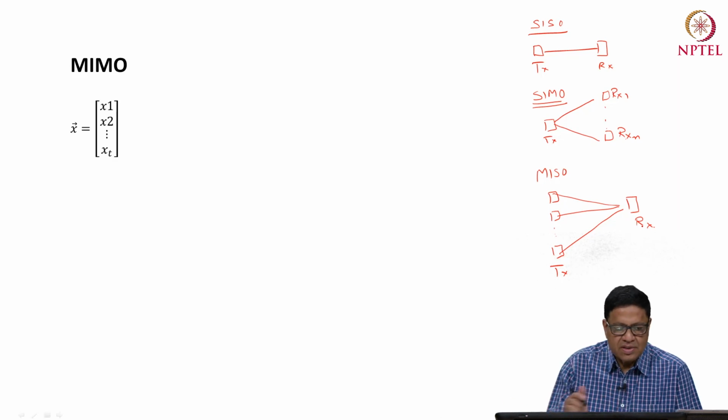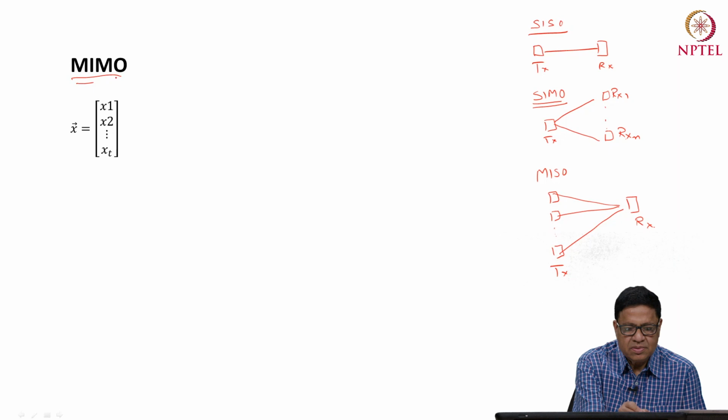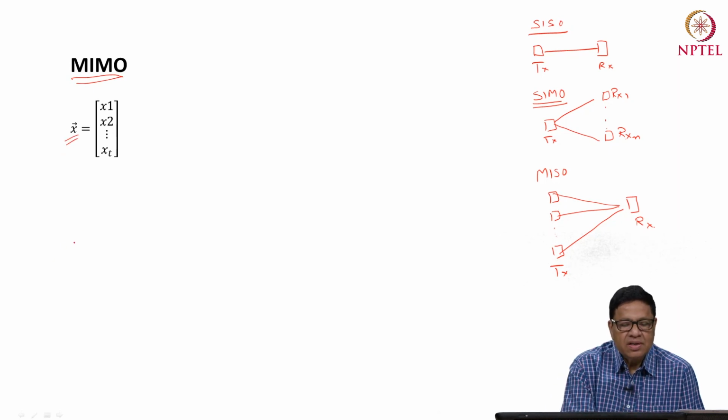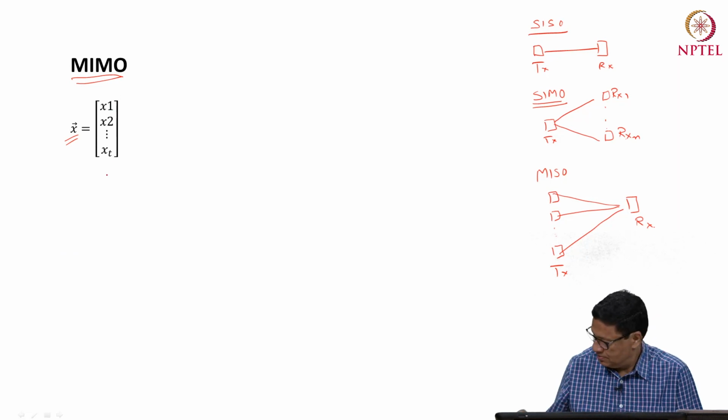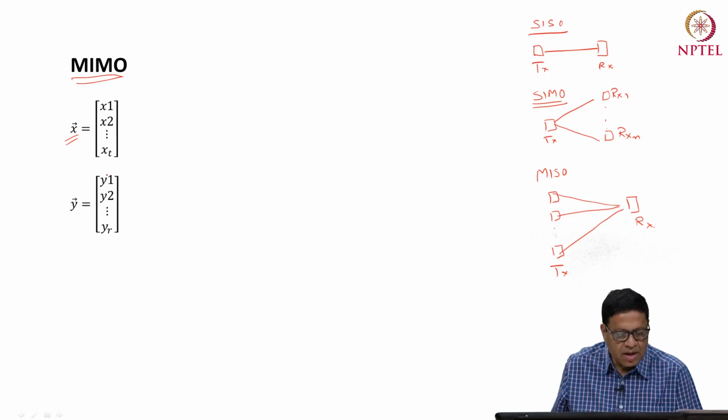So now let us understand a MIMO channel. So suppose there is an input vector X, which has components X1 to XT. There are T transmitters. And Y, there are R receivers. So Y vector will be Y1, Y2 to YR.